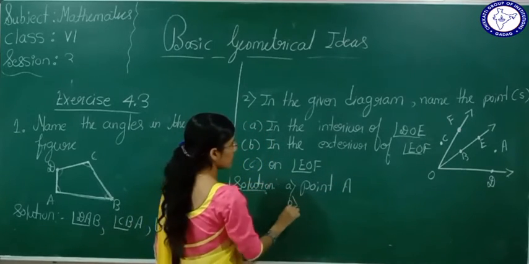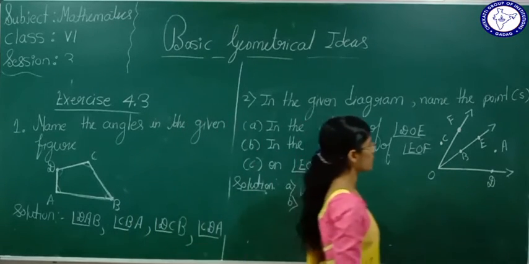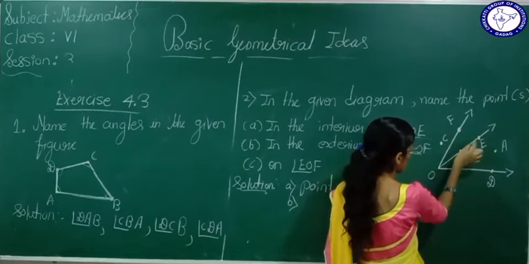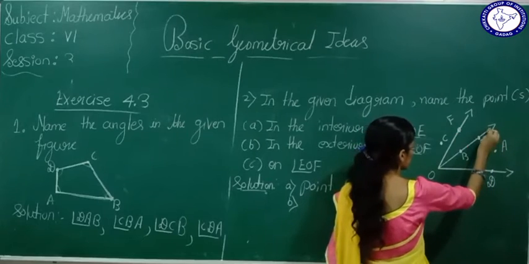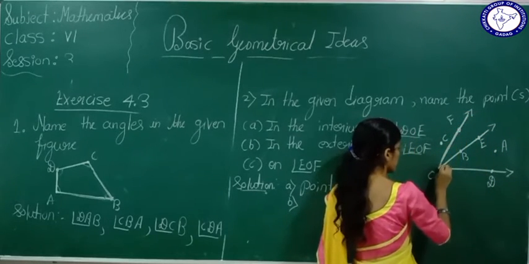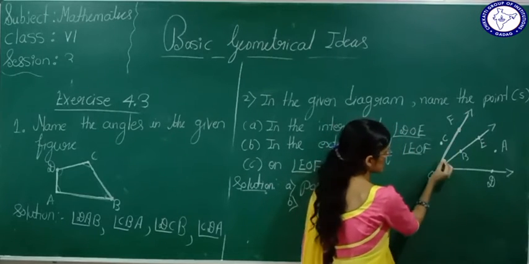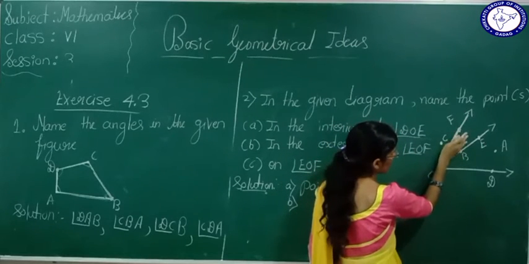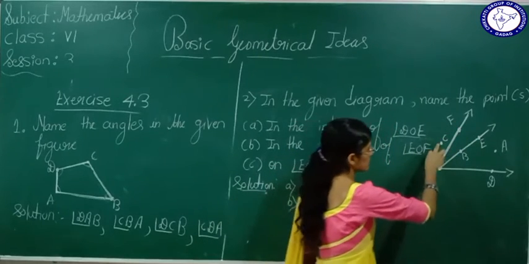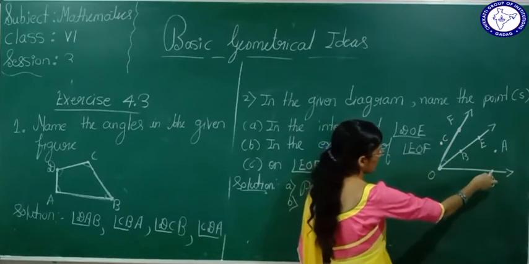Second one, see, in the exterior of angle EOF. EOF is the angle, right? Here two rays are meeting at this particular point. Yes, definitely this is the angle here. In the exterior of angle EOF, which points are there?